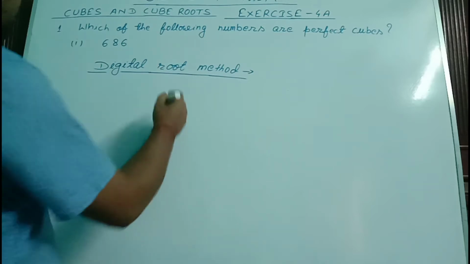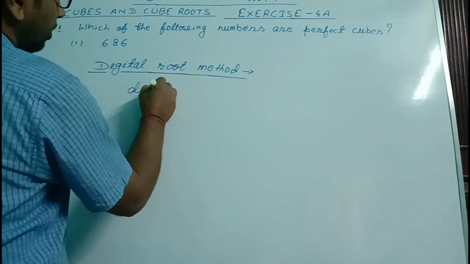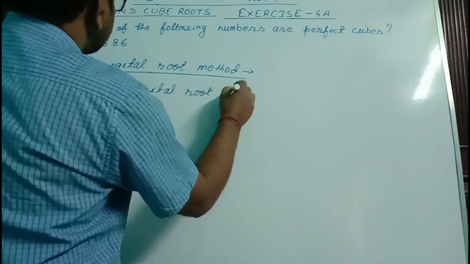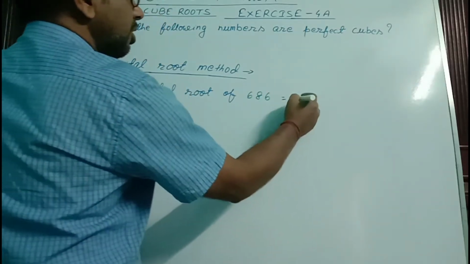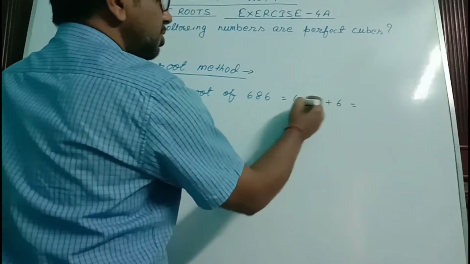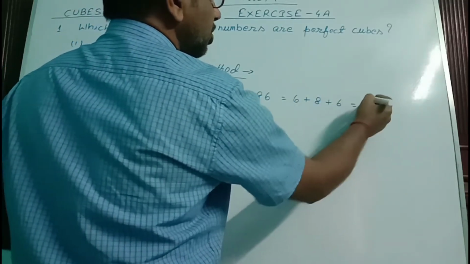Here is 686. So the digital root of 686 will be 6 plus 8 plus 6, that is equal to 6 plus 8, 14, plus 6, 20.